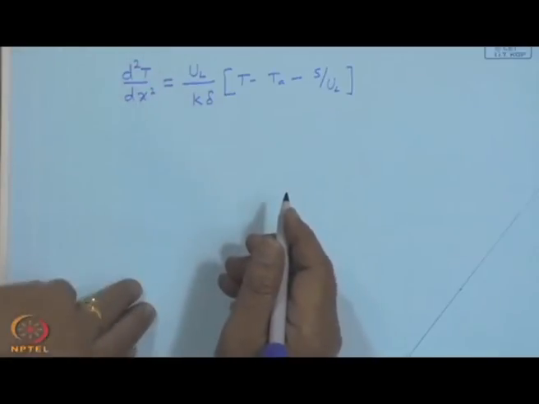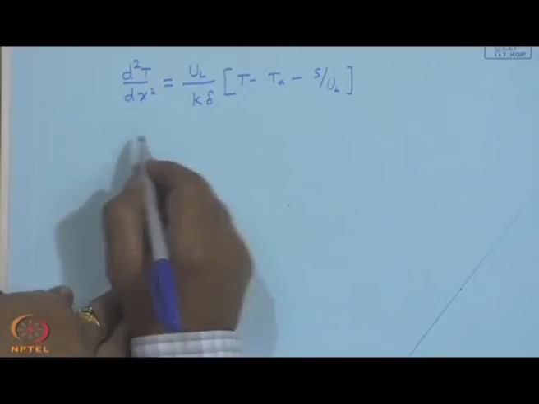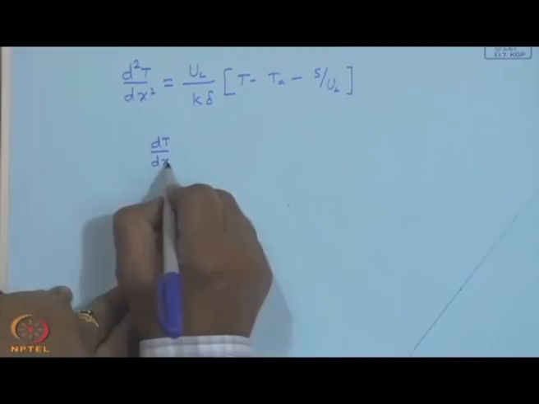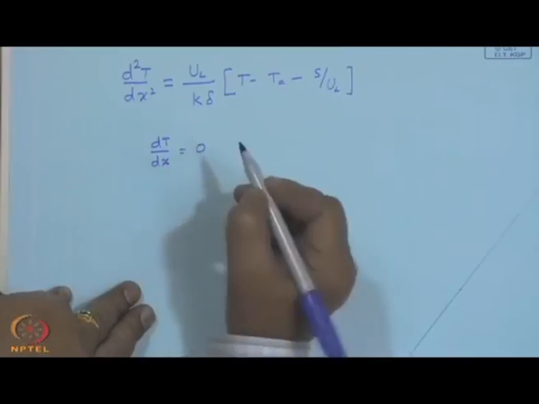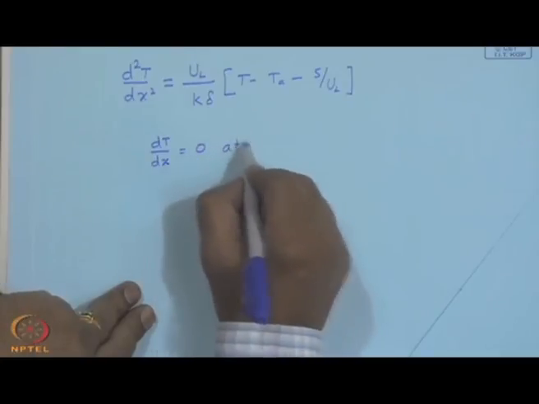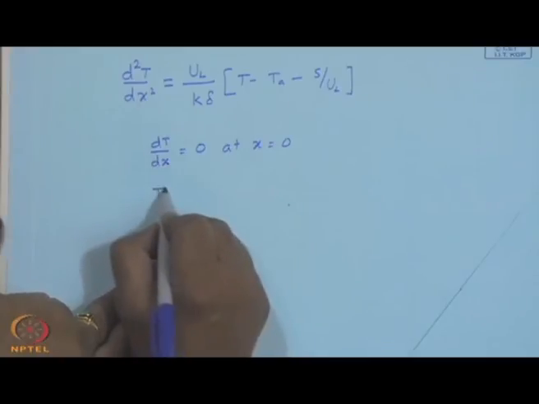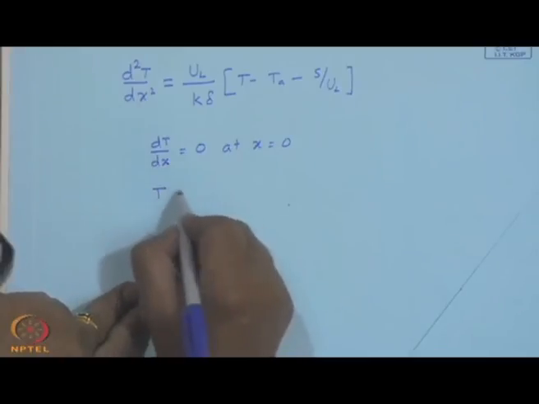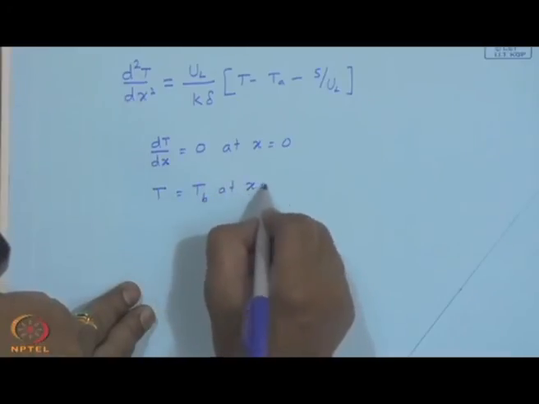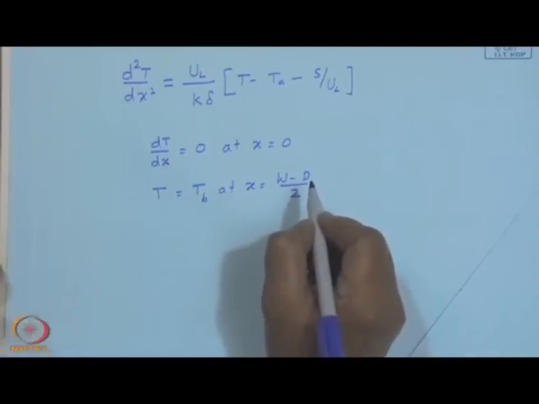this is what we will have, and this is a second order equation, requiring two boundary conditions, which will be dT/dx equal to 0 at x equal to 0, and T equal to T_b at x equal to W minus D by 2, at the base of the tube.